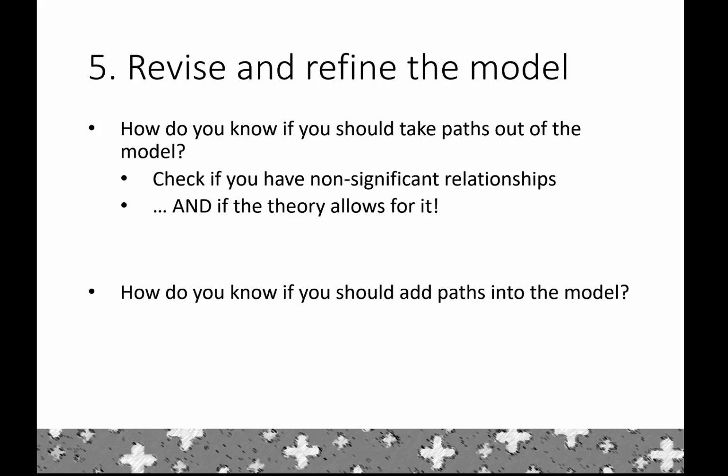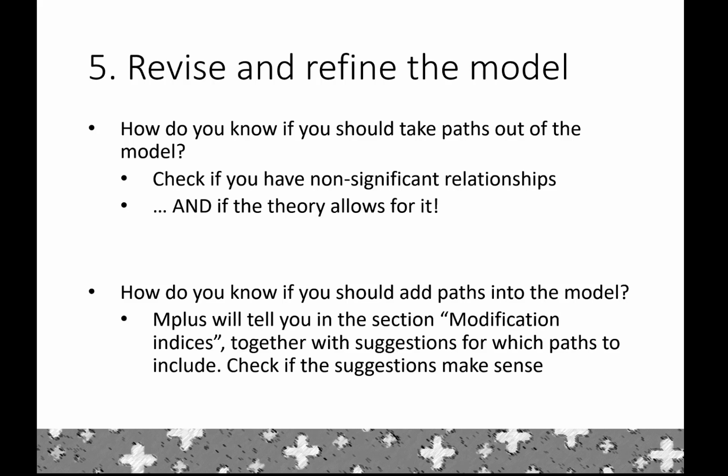How do you know if you should add paths into the model? Well, MPlus will give you quite a bit of help here. In the output, you can request to receive modification indices, and in that section, you will get suggestions for what other relationships you could specify.